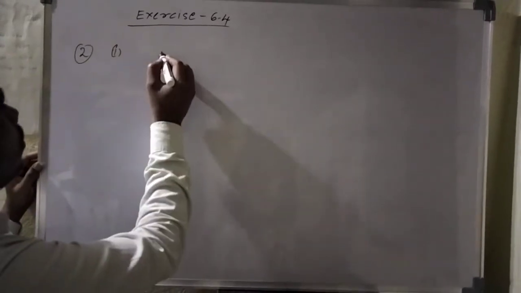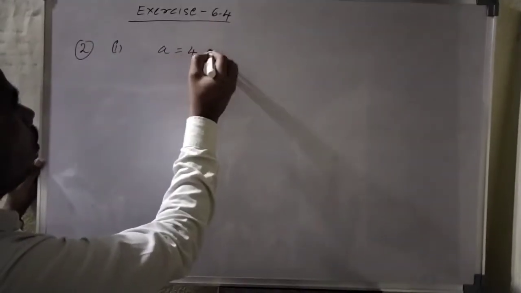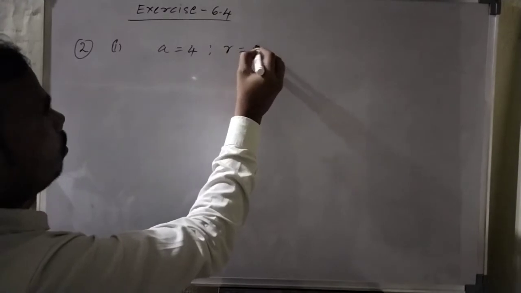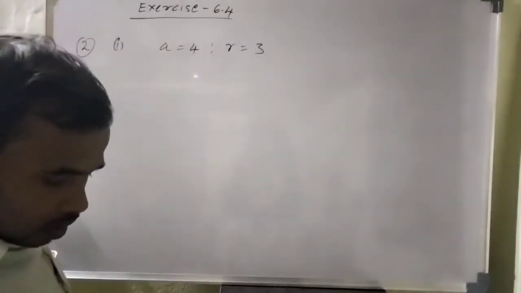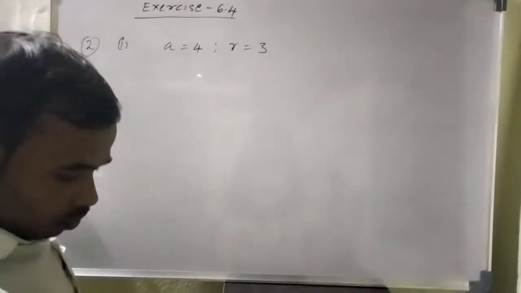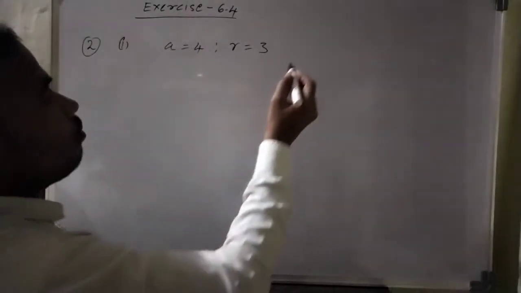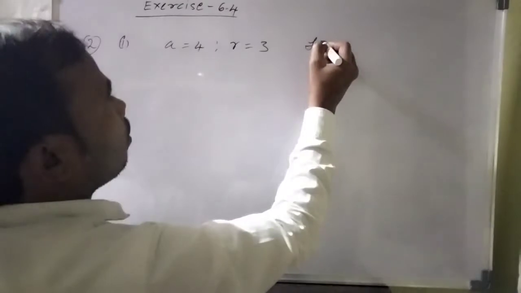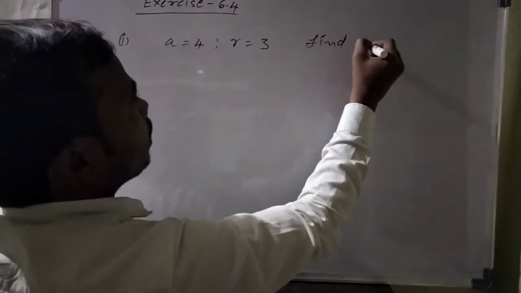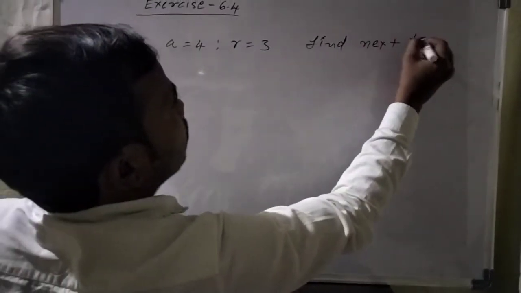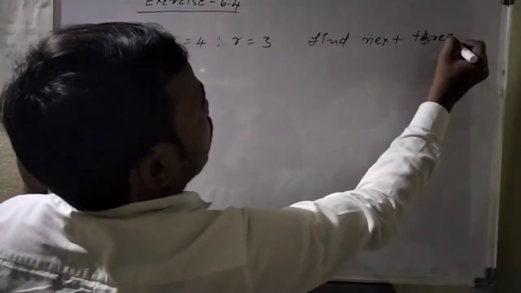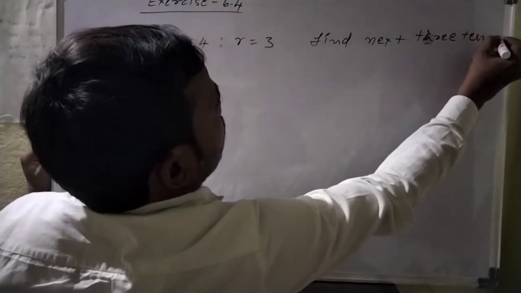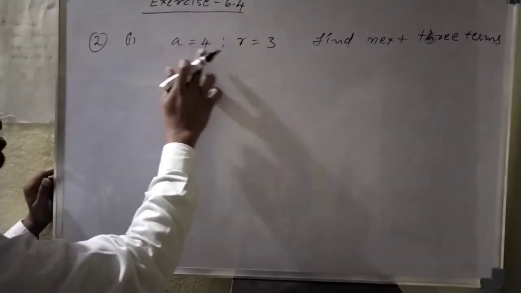a is equal to 4 and r is equal to 3. It is given. So we need to find the next 3 terms. a means it is the first term.